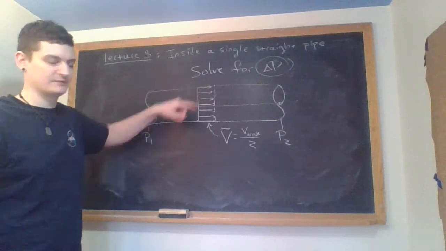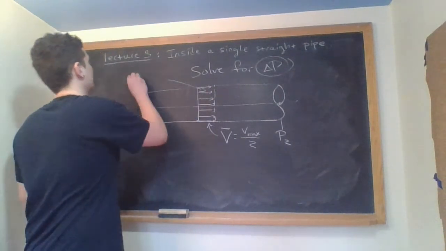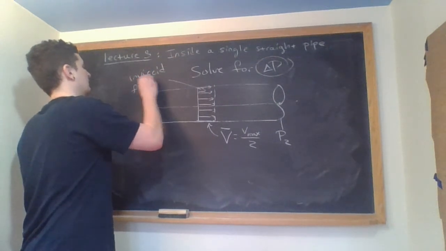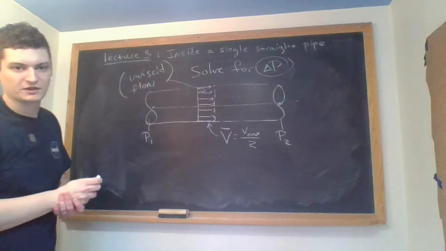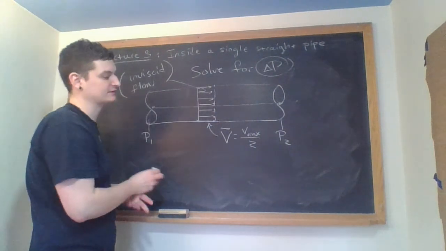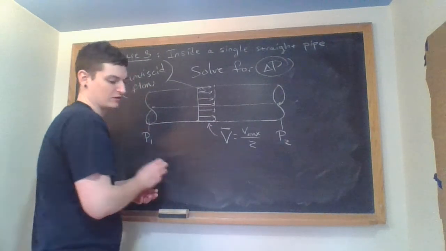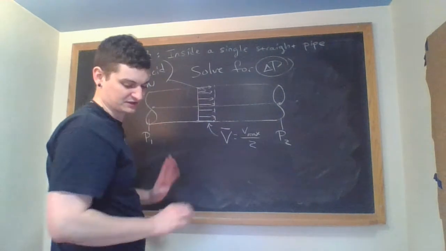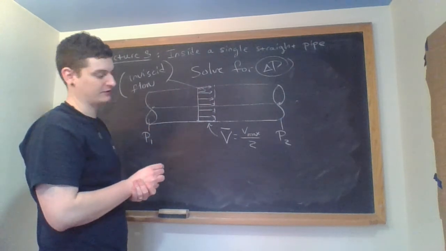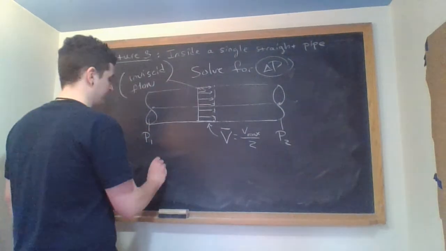So constant velocity profiles, this looks like inviscid flow or frictionless flow if you have no curvature in your velocity profiles. And that's what we solve this V bar for. So it's kind of a cheat, but since we have this idealization of what's going on inside the pipe, let's express Bernoulli's equation, right?